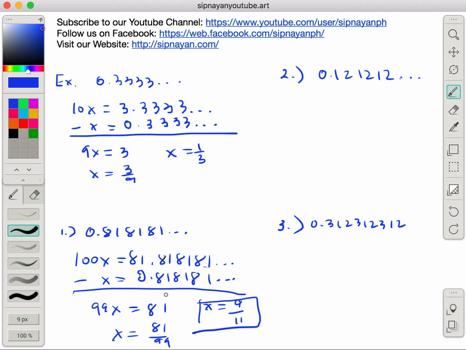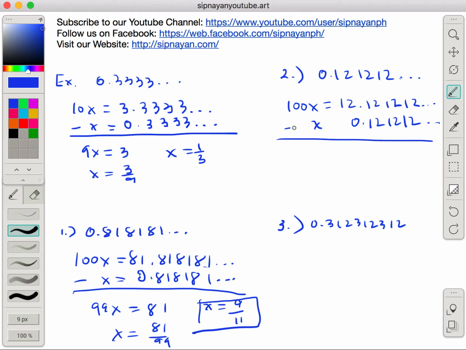Now, for the second number, we have 0.121212... Without much thinking, you can see it has the same pattern, so it should be 100x. 100x equals 12.12, 12, 12, and so on, minus x, which is 0.12, 12, 12, and so on.